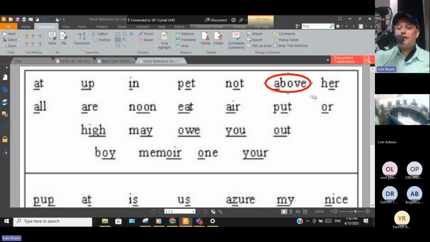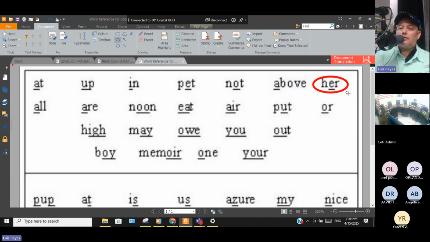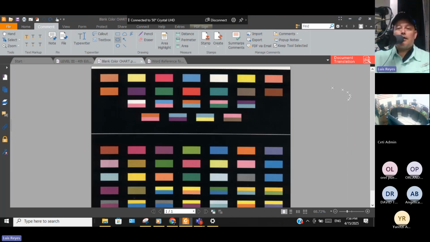Above, A-B-O-V-E, on the color chart. Her, H-E-R, on the color chart.